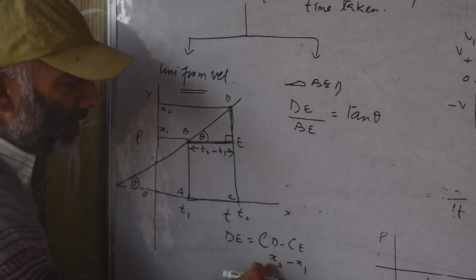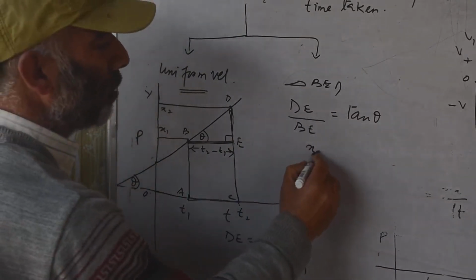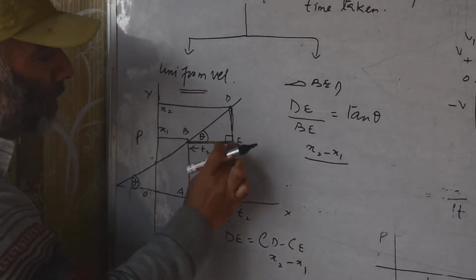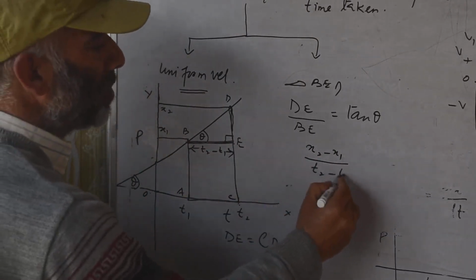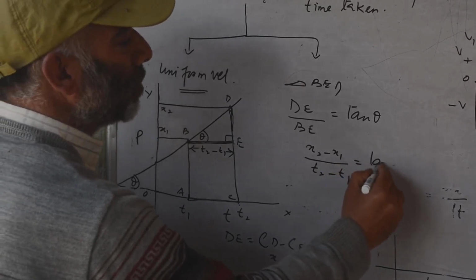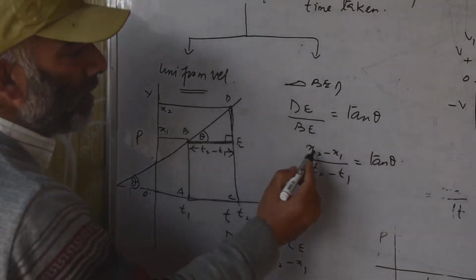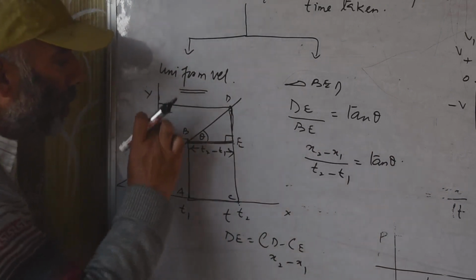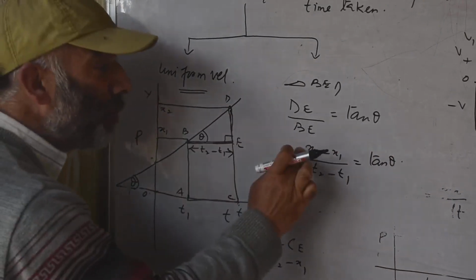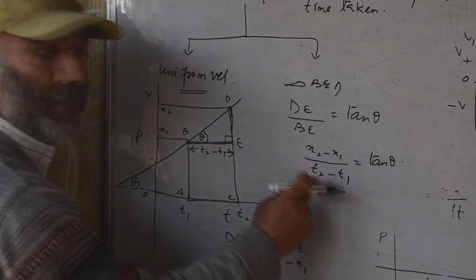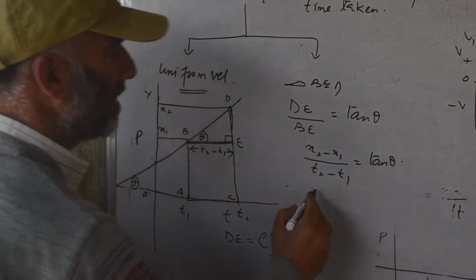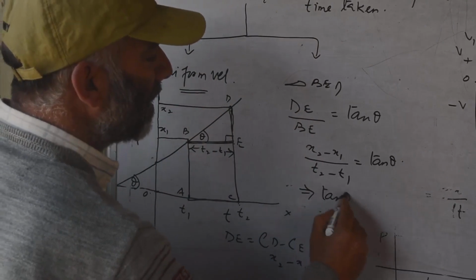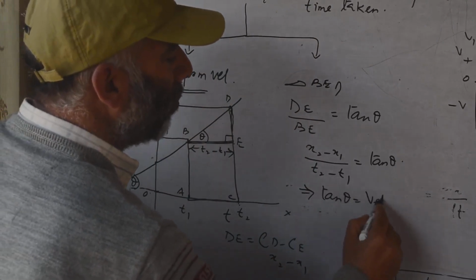DE is x2 minus x1. So x2 minus x1 divided by BE, that is T2 minus T1, is equal to tan theta. So what is x2 minus x1? Yes, final position minus initial position, that is displacement, divided by time. What is that? Yeah, that is the velocity, which implies tan theta is equal to velocity.